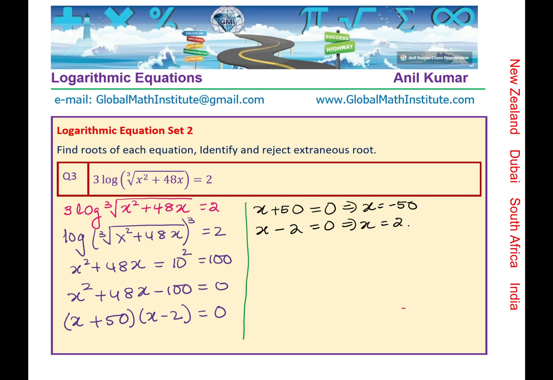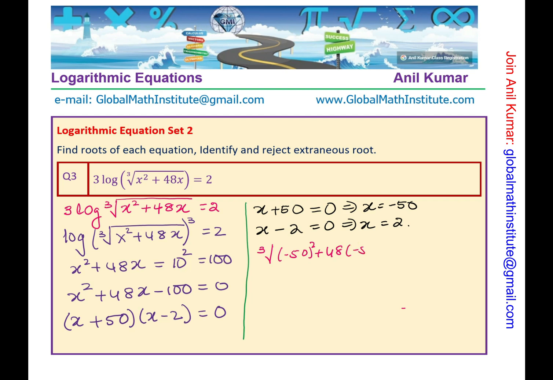Now, let us substitute in this particular equation and check. We'll take the cube root of x squared plus 48x. If I put in minus 50, so minus 50 squared plus 48 times minus 50, what do I get?